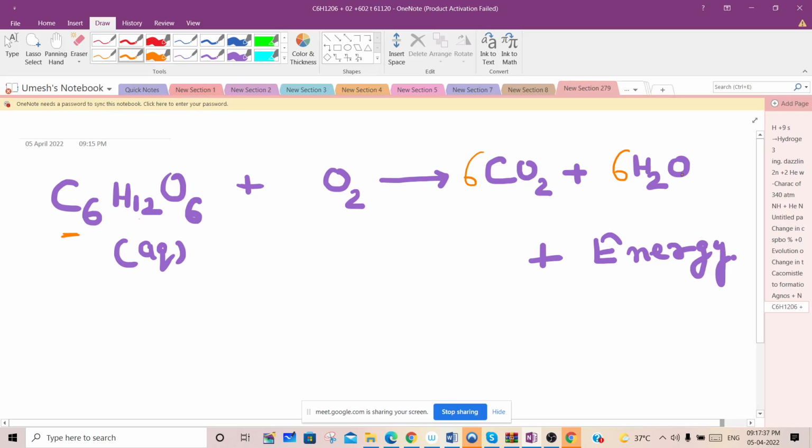On this side it is 6, make it 6, 12 plus 6, 18. Check, is it so? Am I clear?